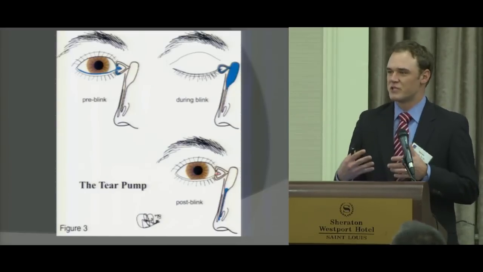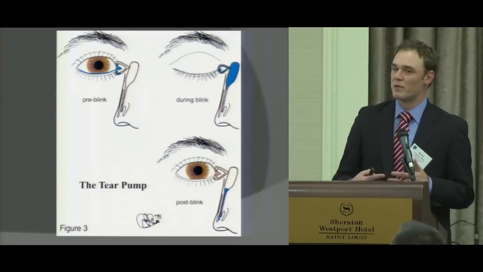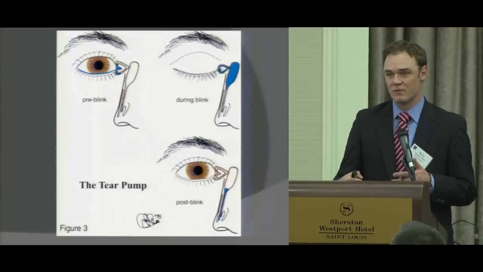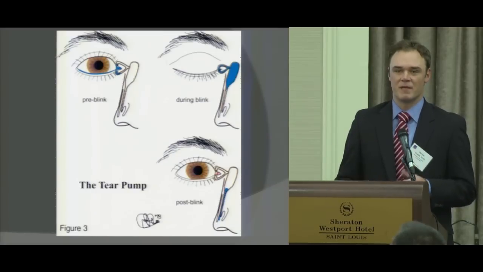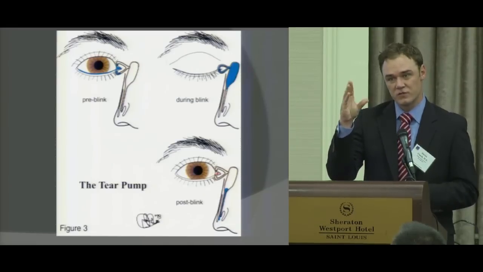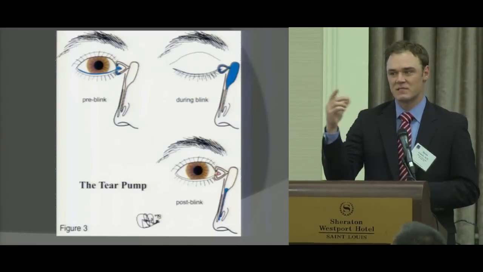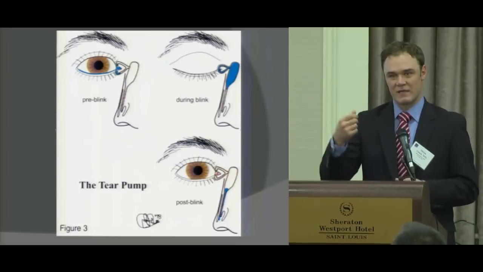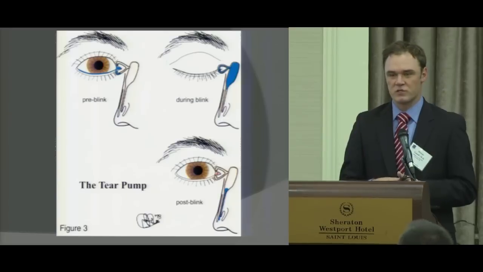It's not that there's just an open hole and an open drain that your tears flow into. There's actually an active pumping mechanism. When the eye moves and closes, it creates negative and positive pressures within that tube that force the tears down.